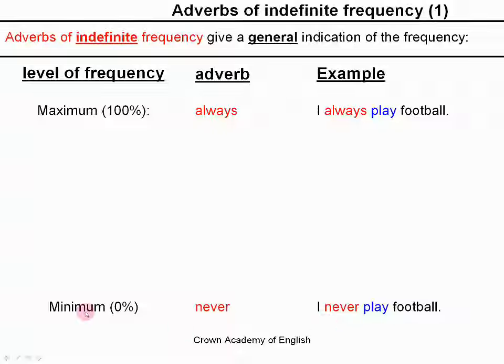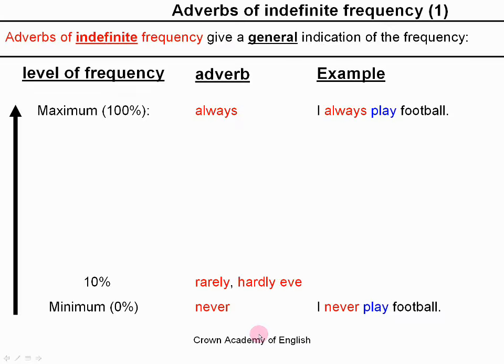So these are the two extremes, and in between never and always there are several other adverbs. So, example, so slightly more than never, we say rarely or hardly ever. I hardly ever play football.